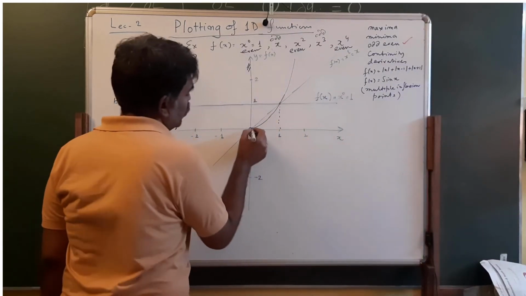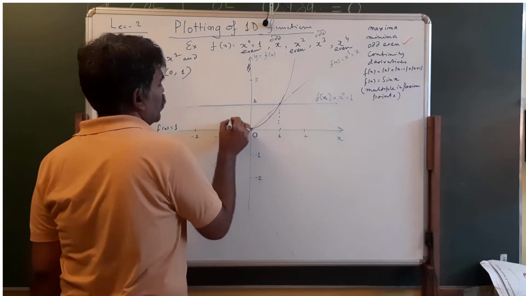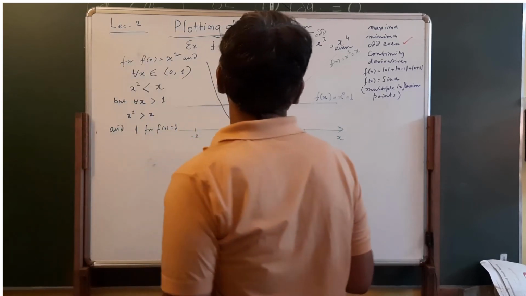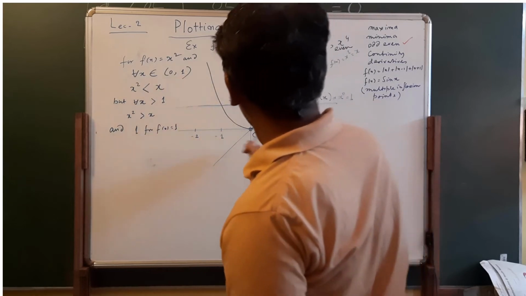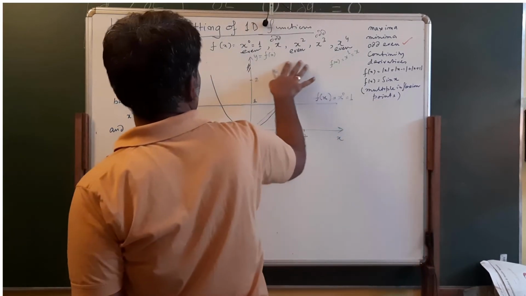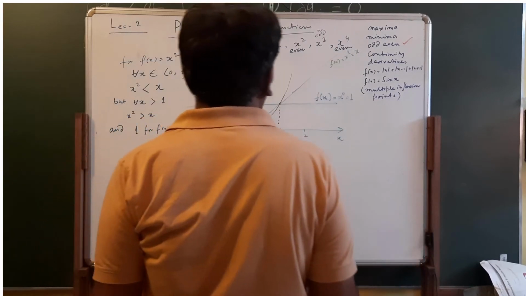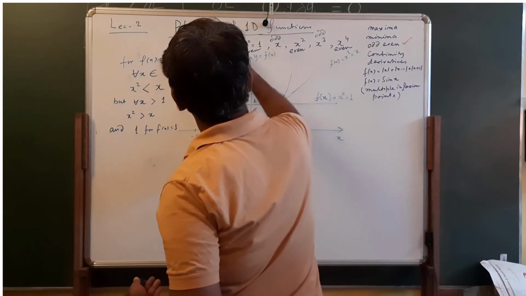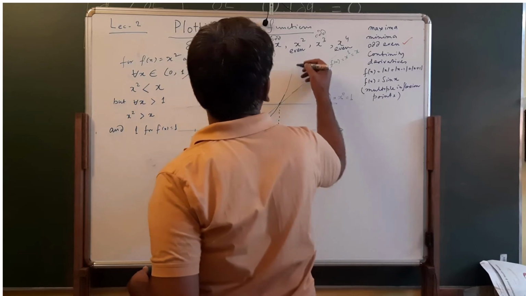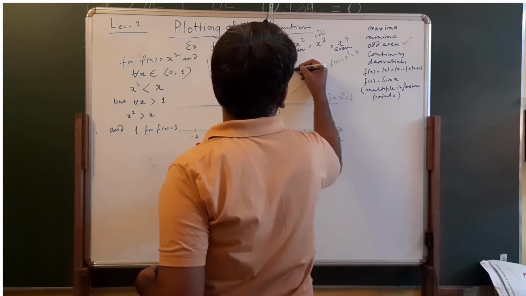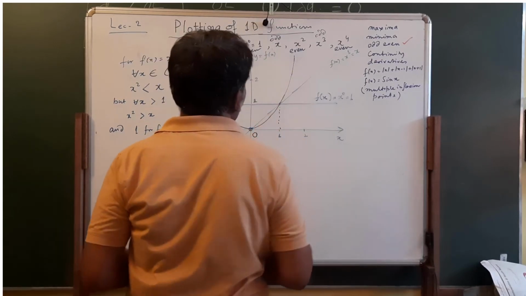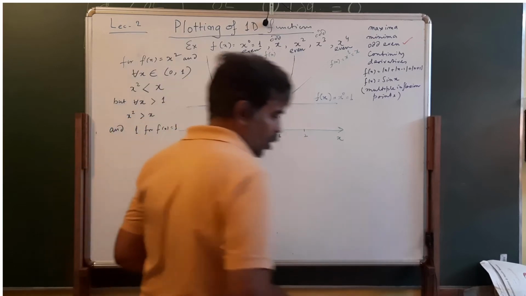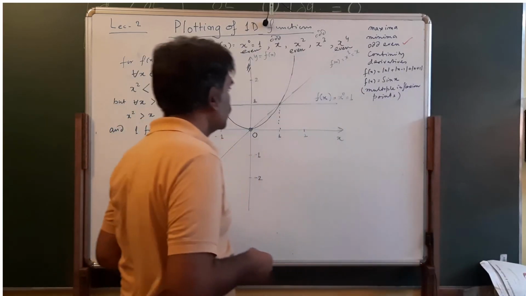So that's a U-shaped curve. It's approximately like this. This is a parabola. Okay. Now take the next one.